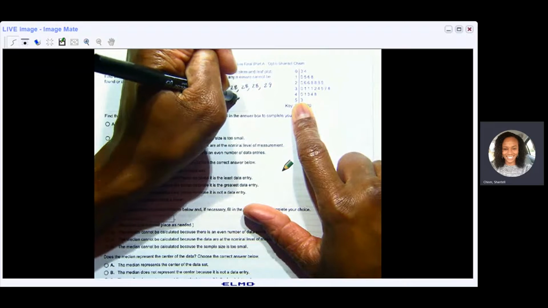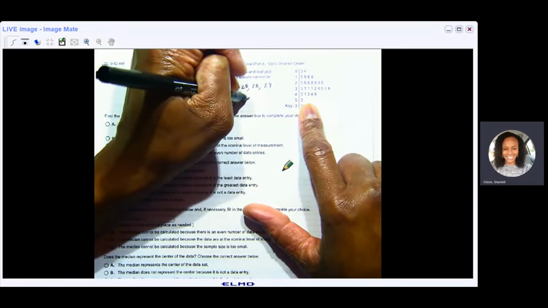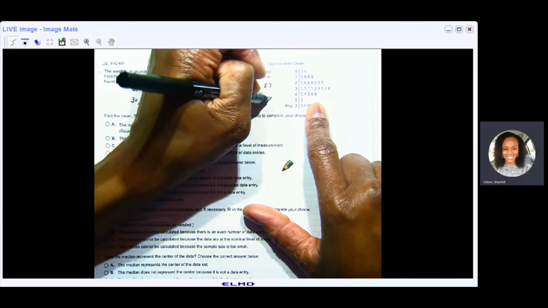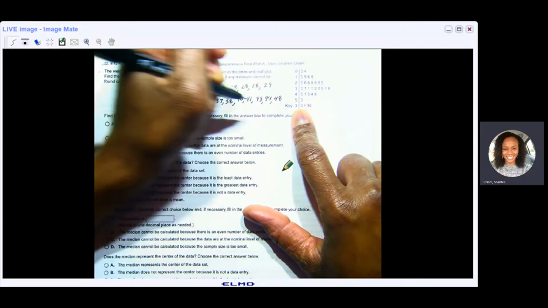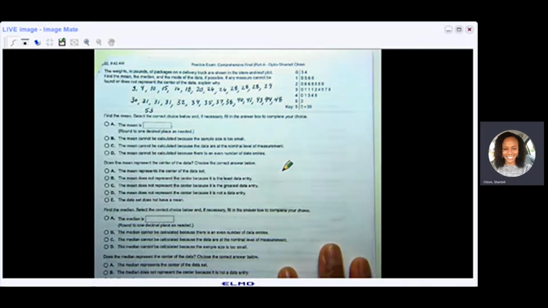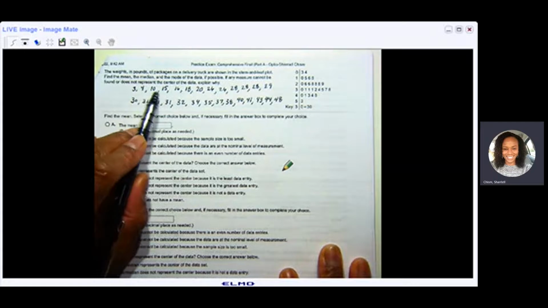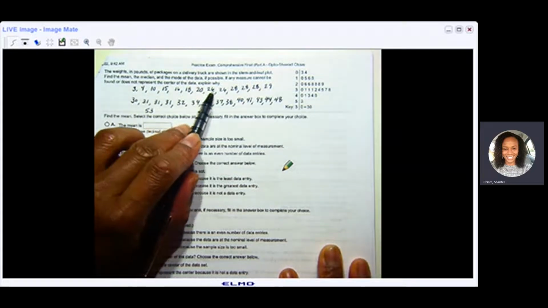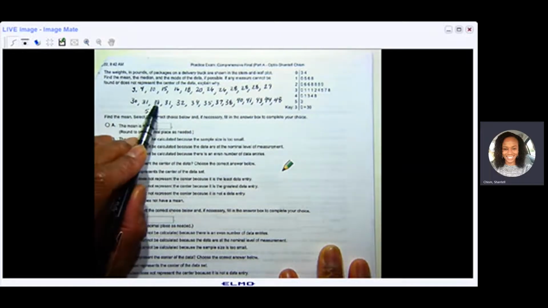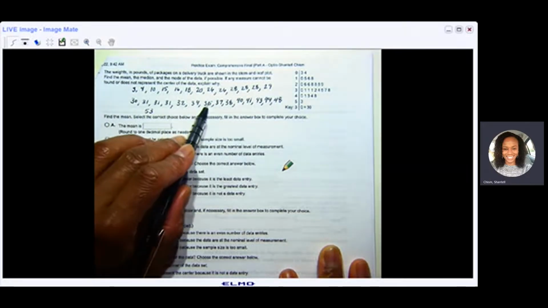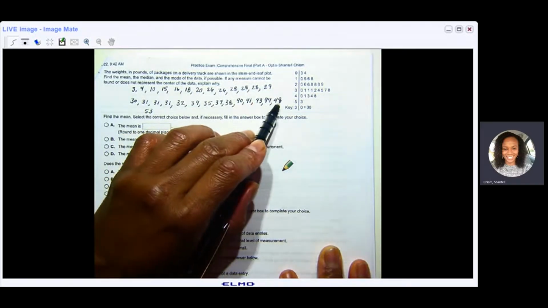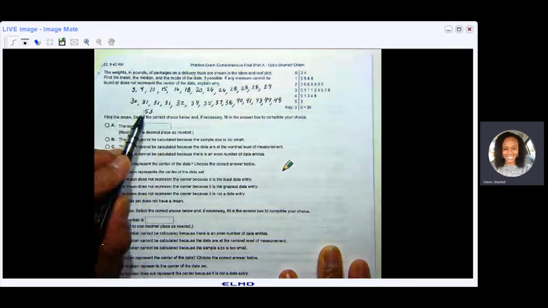And then stem of 4, 40, 41, 43, 44, 48, and then 53, that last stem. So there are 1, 2, 3, 4, 5, 6, 7, 8, 9, 10, 11, 12, 13, 14, 15, 16, 17, 18, 19, 20, 21, 22, 23, 24, 25, 26, 27, 28 values.